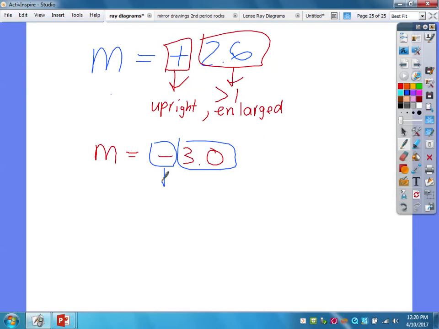The negative sign is telling me that the image is going to be inverted. The number, which is greater than 1, means the image must be enlarged. So this is an inverted, enlarged image. So when do I get diminished?